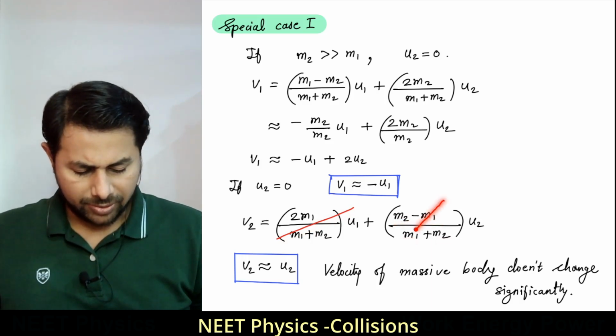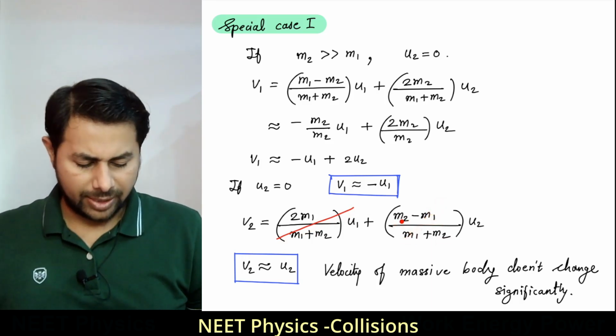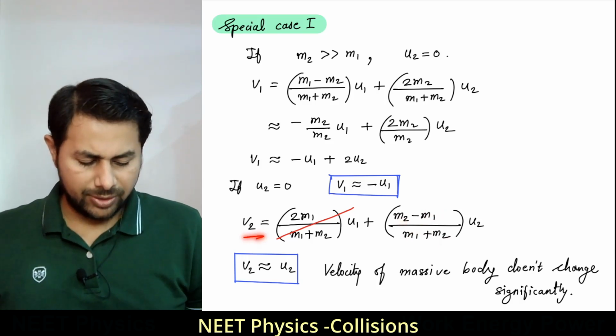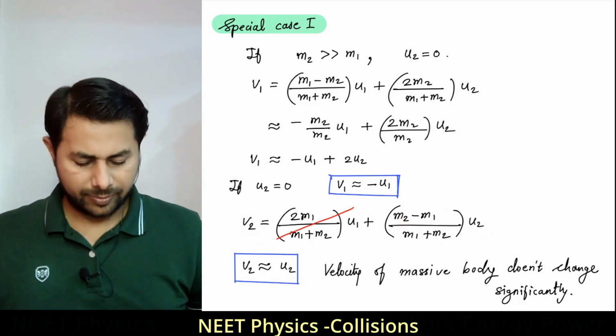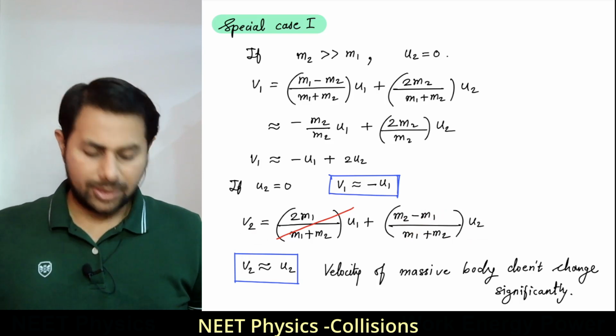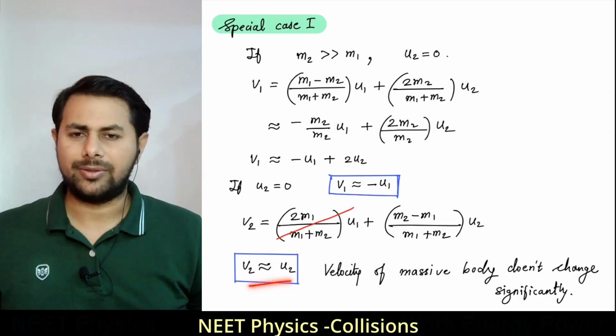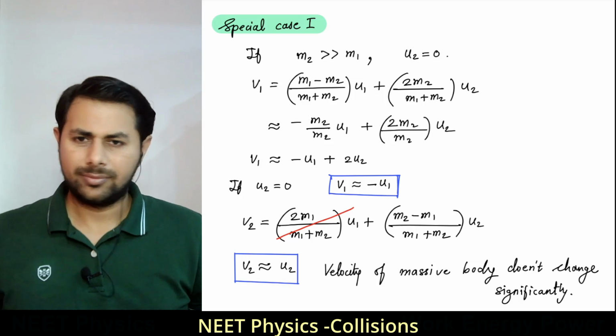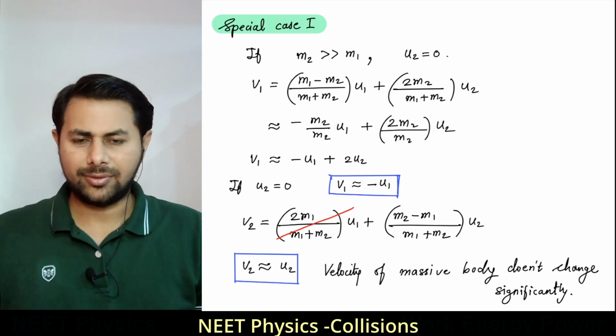Again you neglect m1, so m2 by m2 is 1, and v2 is nearly equal to u2. So nothing really happens to the second body, right? This thing is clear? Yes, no?